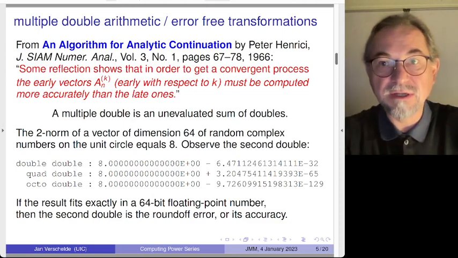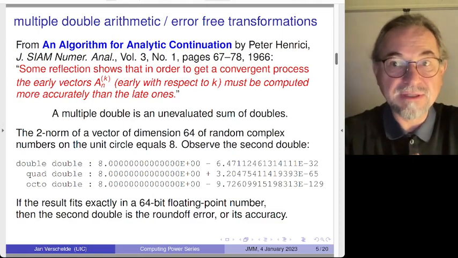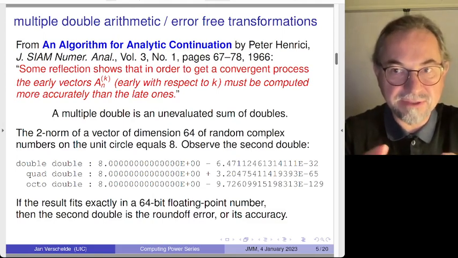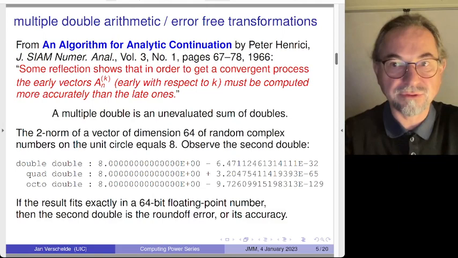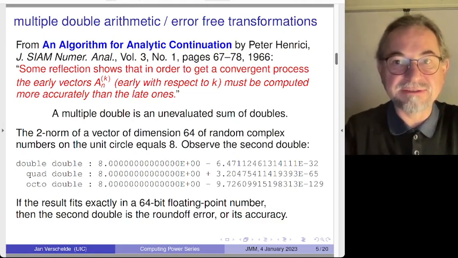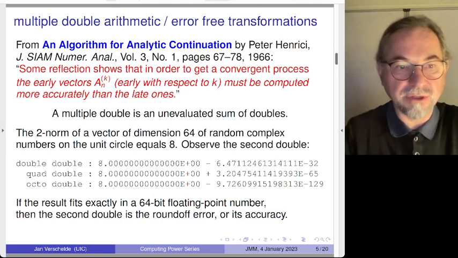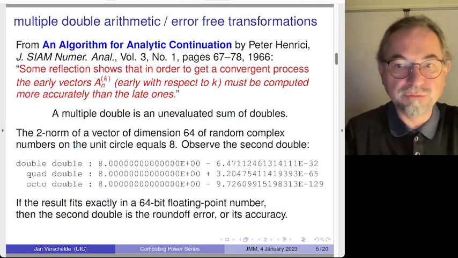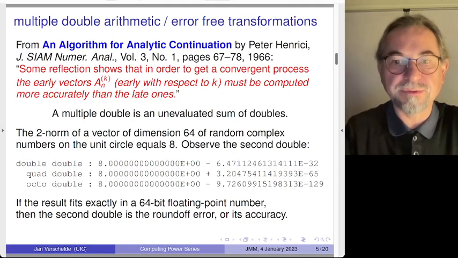So if the result can be represented exactly in the leading 64-bit double number, then the second double represents the accuracy of the result. And here you see with double double, quad double, octo double, we go from 32 to 64 to 128 decimal places.